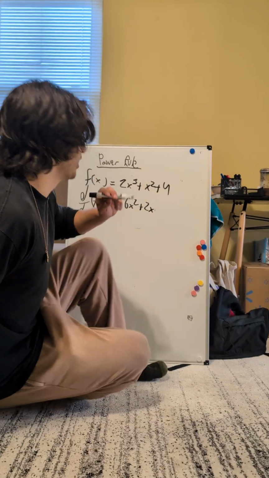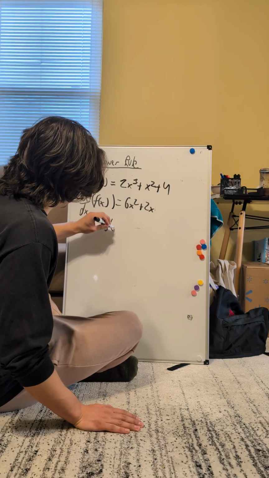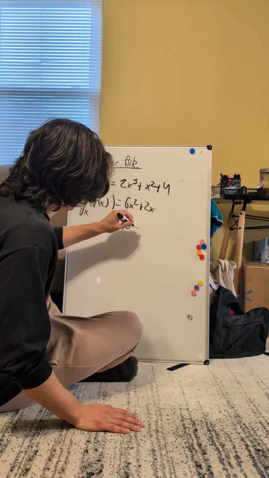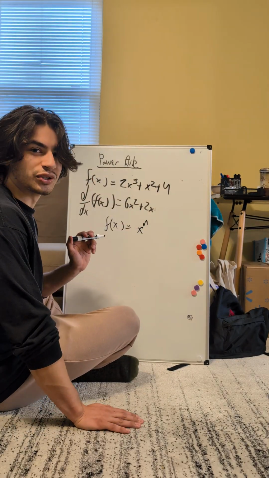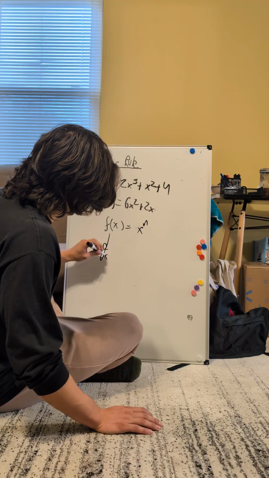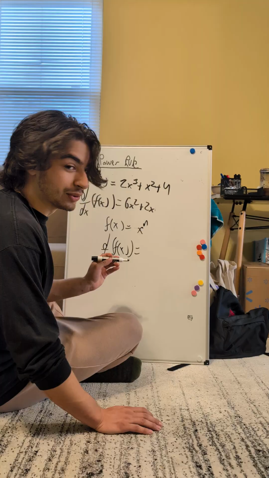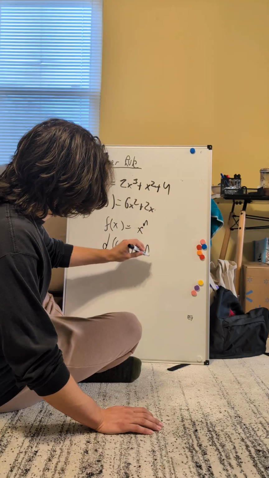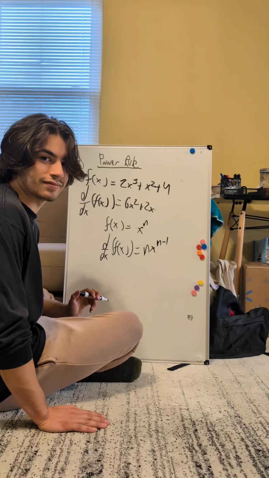Well, here's our formula. So, given a function x to the n, the derivative of this function, d/dx of f of x, is equal to n times x to the n minus 1.